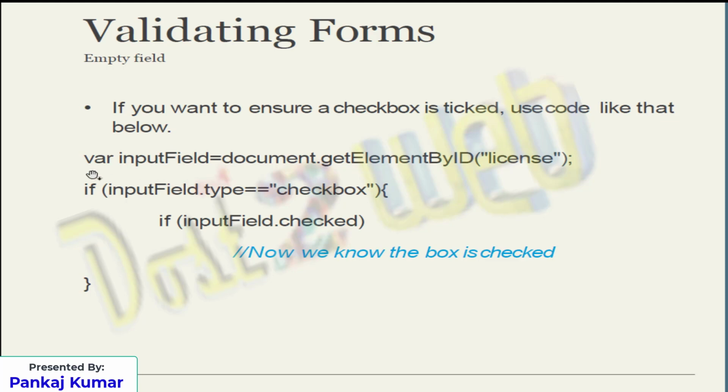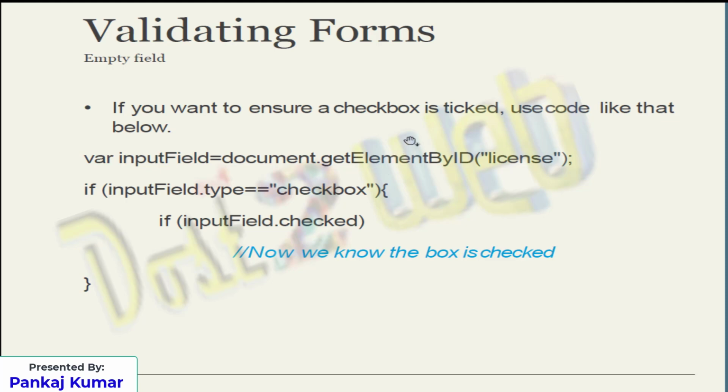As I mentioned, if you want to ensure the checkbox is ticked, right? Suppose you have a form asking what subjects you have studied. Some subject names will be there, like C, C++, Java, JavaScript, HTML, CSS, jQuery, Python, and somebody does not click on anything, right?